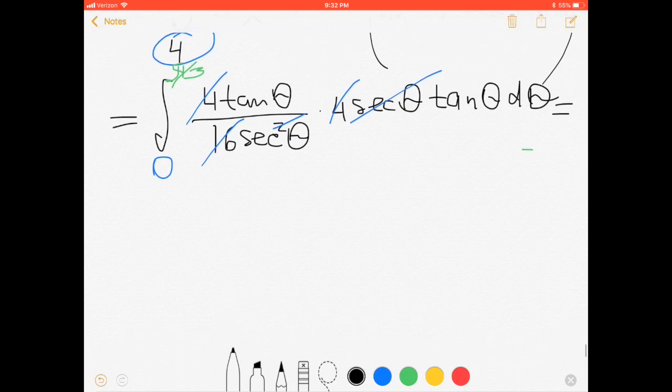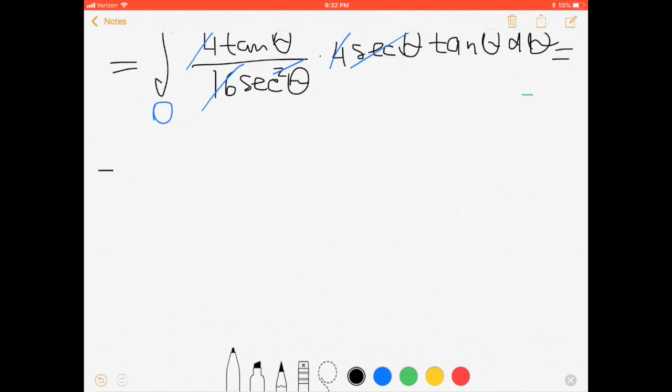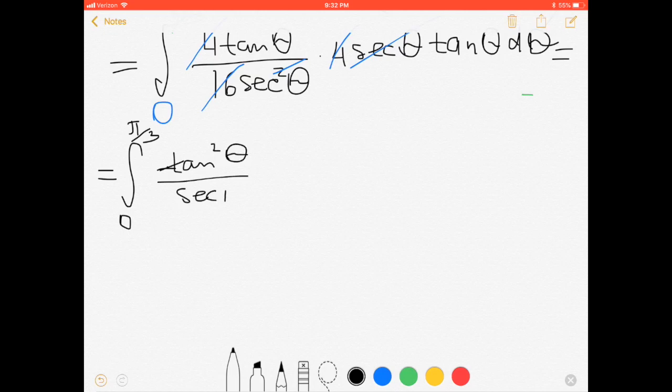Doing it this way, sometimes it's interesting. Okay, 0 to pi over 3. We have tangent square divided by, okay, I write one more time. This is tangent square theta divided by secant theta d theta. Great. Integral 0 to pi over 3.